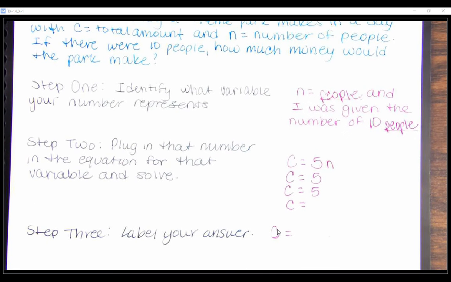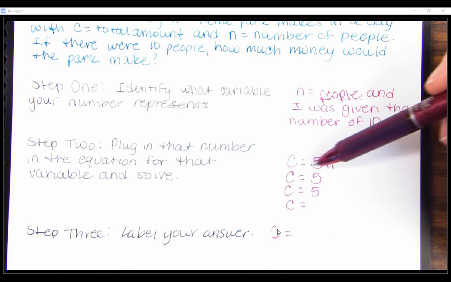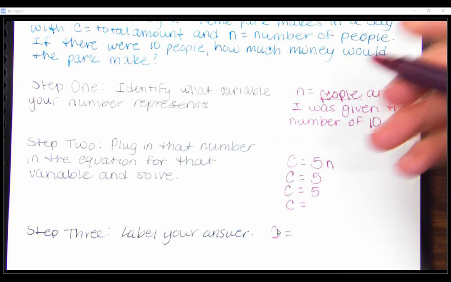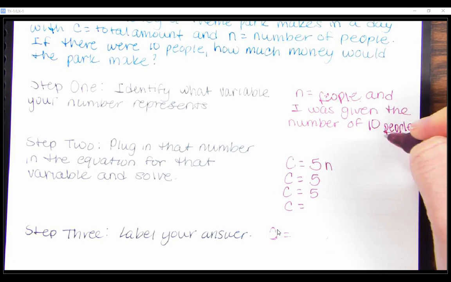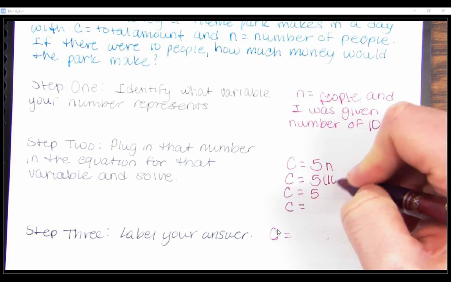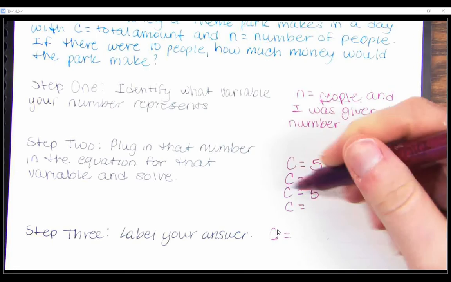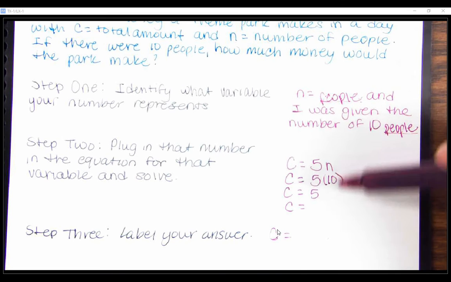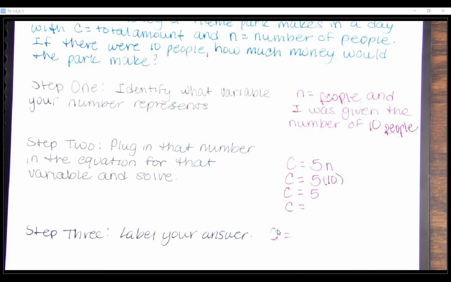Step 2, plug in that number in the equation and solve for it. So I have my equation that was listed in my problem, C equals 5n. Instead of n, though, I am replacing it with my number 10. So I now have the equation C equals 5 times 10. Remember, if the number and the letter are right next to each other, that means they're multiplying.